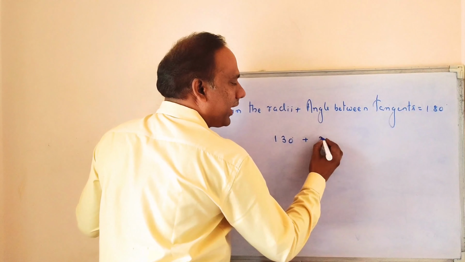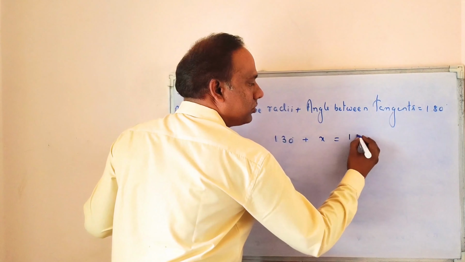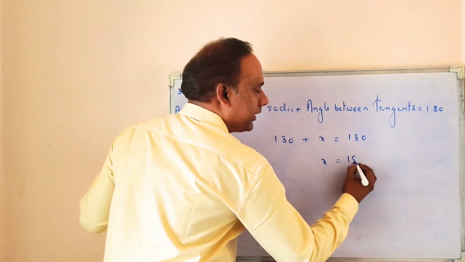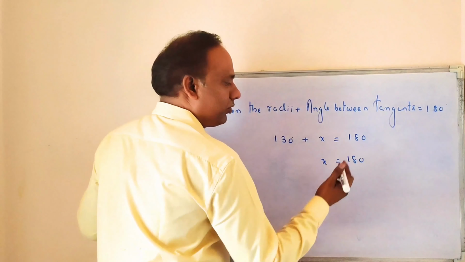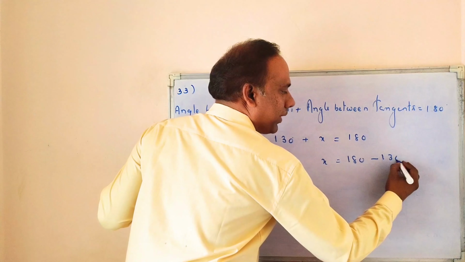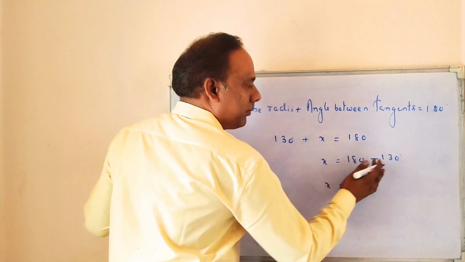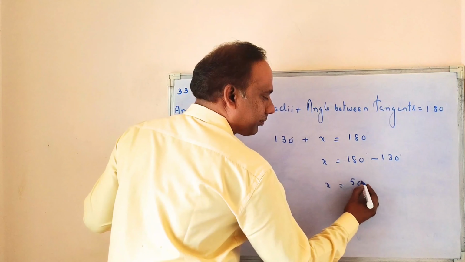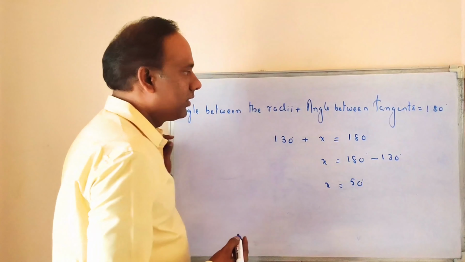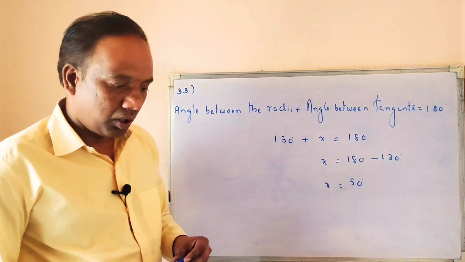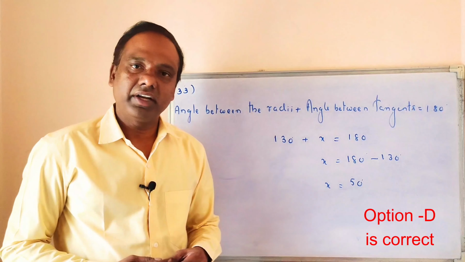Take this one as x, so x plus 130 is equal to 180 degrees. So x is equal to 180 minus 130, which is 50 degrees. That means the angle between the tangents is equal to 50 degrees. So option D is correct.